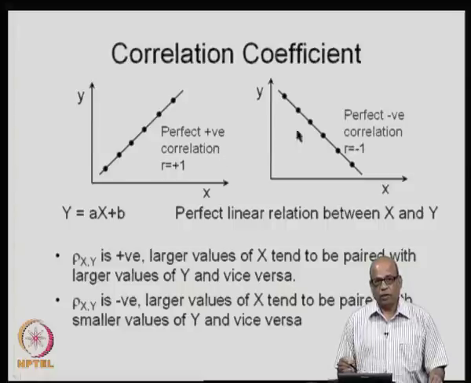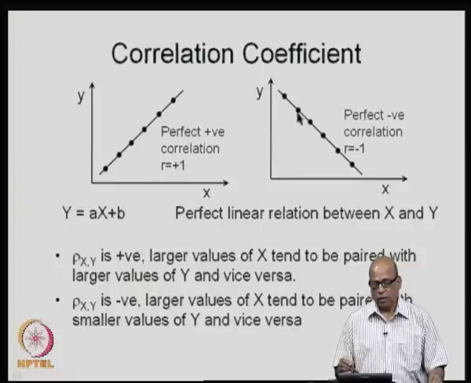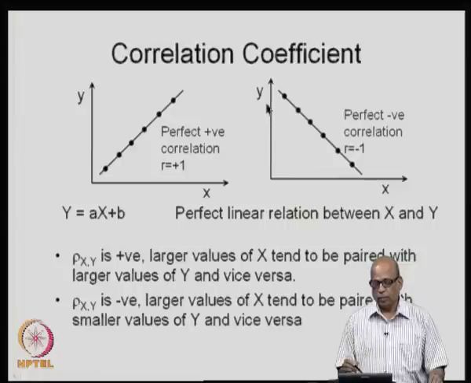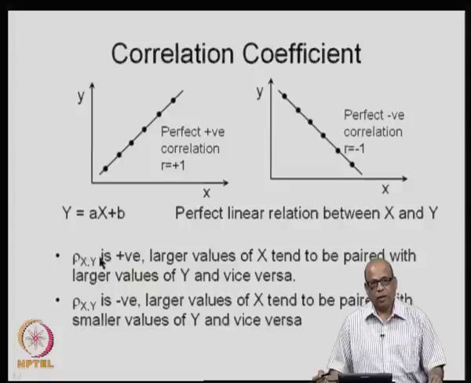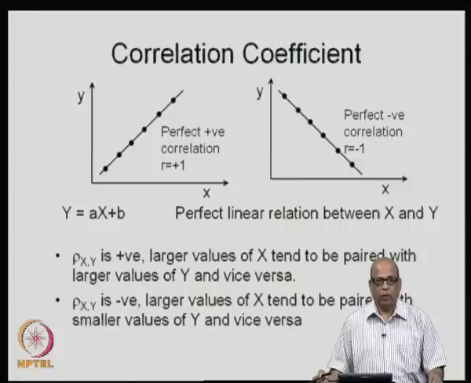If your correlation is -1, then it will lie on a straight line something like this, which means the higher the values of x, the lower will be the values of y. So, rho x y positive indicates that the larger values of x tend to be paired with larger values of y and vice versa.